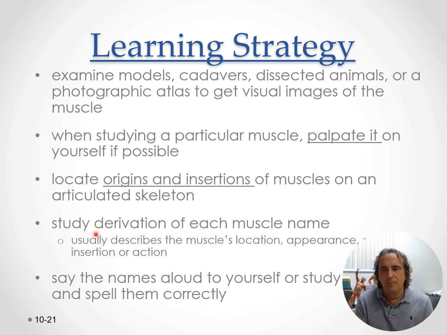So a lot more students have this type of issue on the final than they did on the midterm. Because humerus, you might not have known how to spell it, but you might have spelled it like humorous, as in ha ha funny, but I would still have given you credit for it. Zygomaticus major, you might have some trouble with it. Sternocleidomastoid in the neck, and you might have difficulty with it if you don't practice how to say it and spell it.